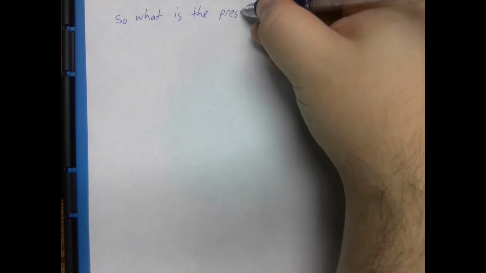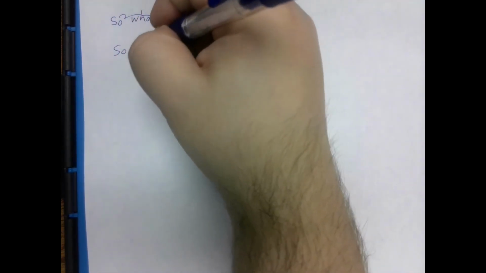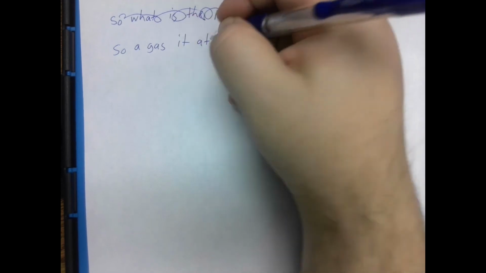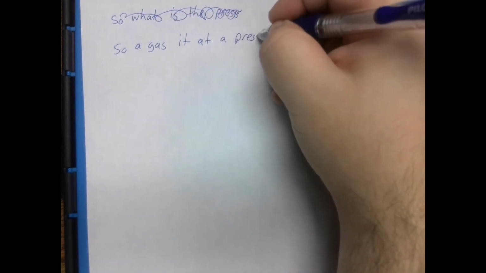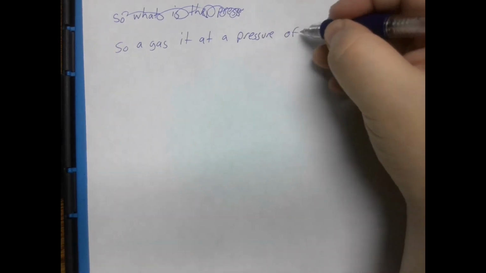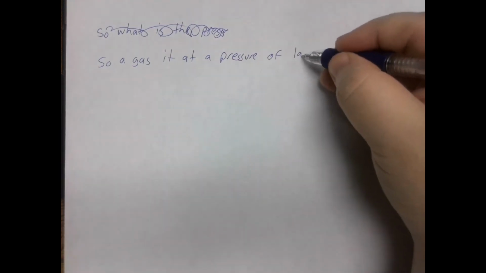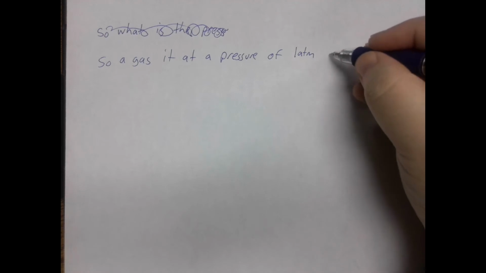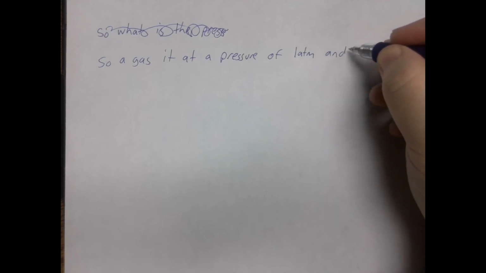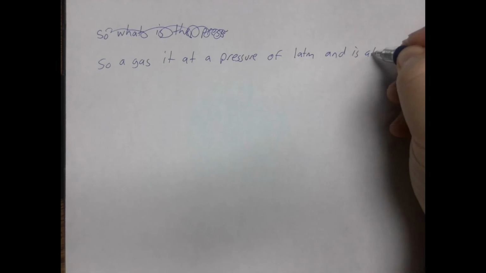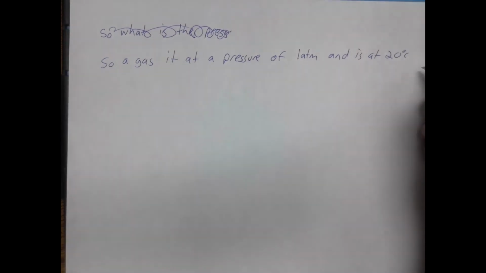So a gas is at a pressure of 1 atmosphere and is at 20 degrees Celsius.